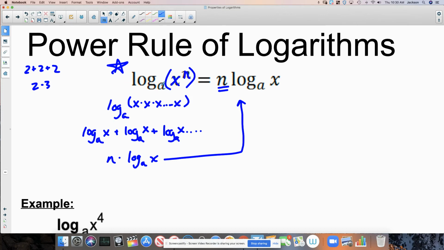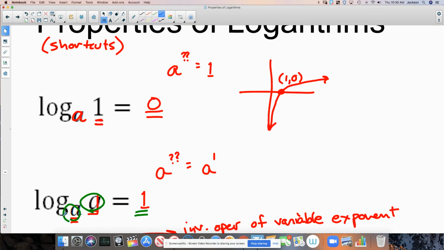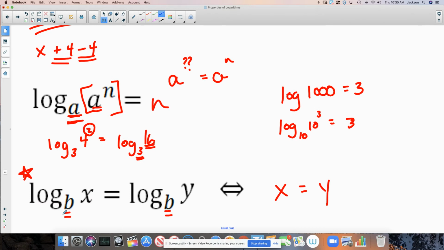And what's really important here is that these don't have to match. So if you look back at when we were doing these simple properties or shortcuts before, we had one where we said, if this is a and this is a raised to the n power, then all of this basically cancels and you're left with just n. Well, think about what the power rule says.